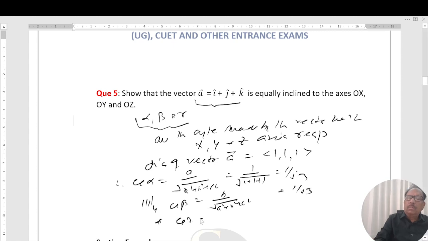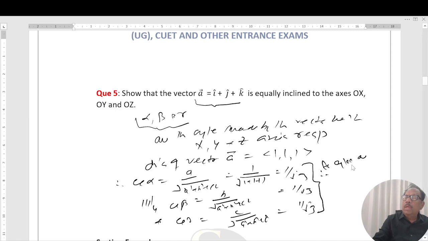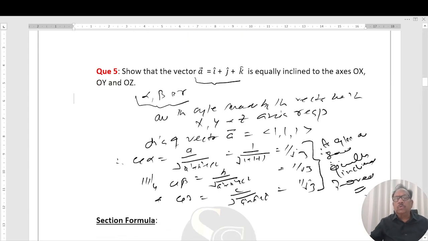And cos gamma equal to c upon under root a square plus b square plus c square equal to 1 by root 3. As all these angles are same, therefore equally inclined. Proved.